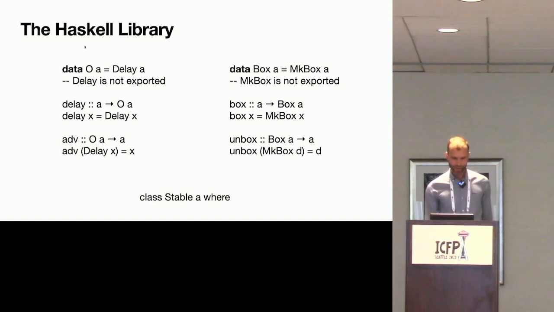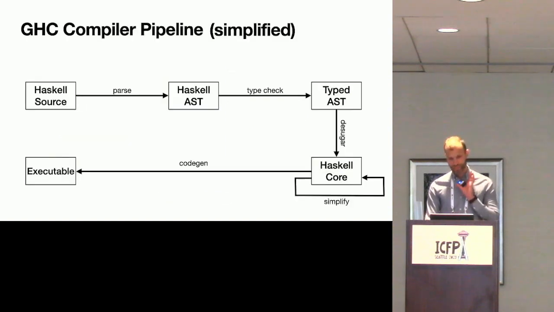It defines our later modality, approximated by an O, and the box modality, and then just the delay and the advance primitives for the later, and correspondingly the box and the unbox, and that's it. All the interesting type checking is done by the plugin. And similarly, Stable is just an empty type class with no instances, and the plugin will take care of implementing this in the right way. So all of the smarts is in the implementation of the compiler plugin.